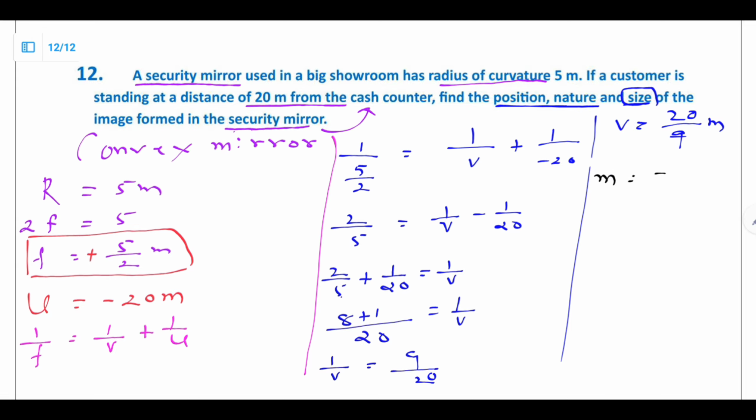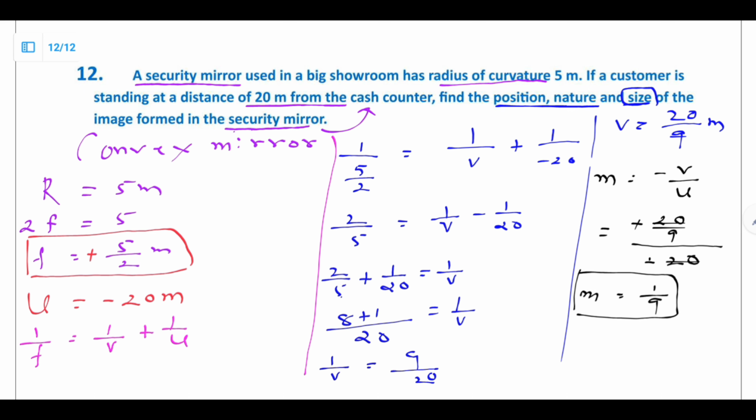m equals to minus v by u, minus of 20 by 9 divided by, what is the object distance? It is minus 20. So minus 20 cancel, m equals to plus 1 by 9. So plus 1 by 9 is the magnification.